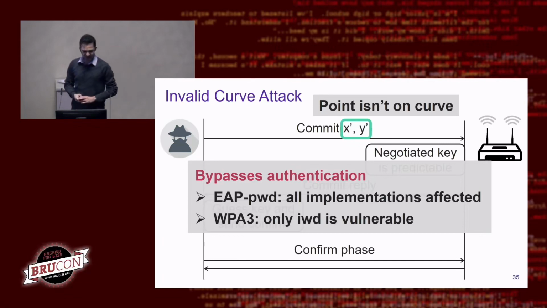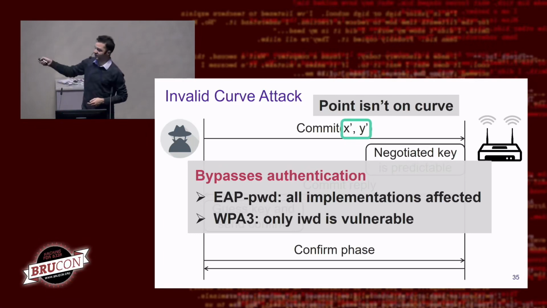Now, the most surprising thing here is that we looked at several EAP-pwd implementations, and all of them were vulnerable to this attack, which was very surprising. The only bright side, I would say, is that if you have an EAP-pwd implementation which uses a newer version of OpenSSL, then OpenSSL already contains a defensive check against this, and then the implementation won't be vulnerable.